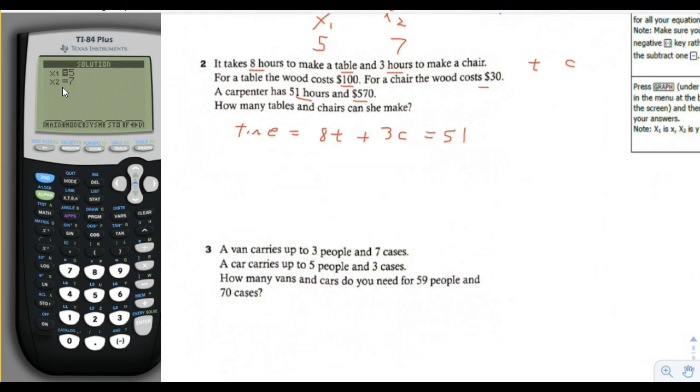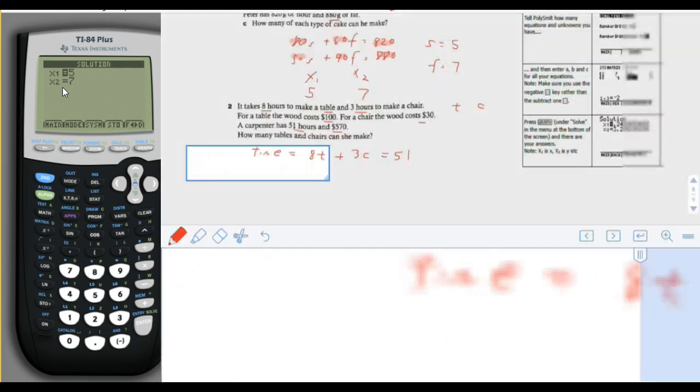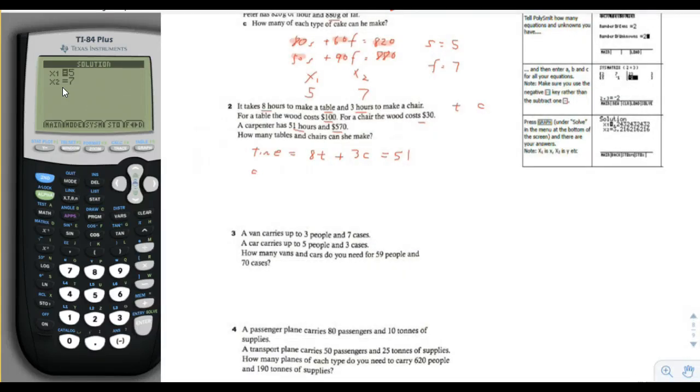And for cost, we have $100 for a table and $30 for a chair, and we have a total of $570.